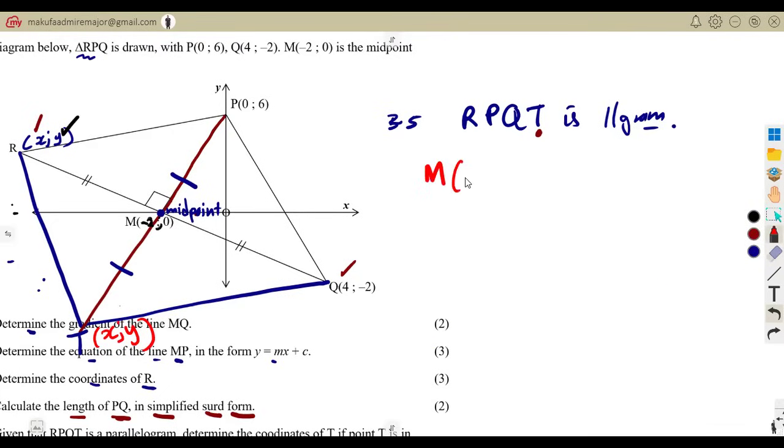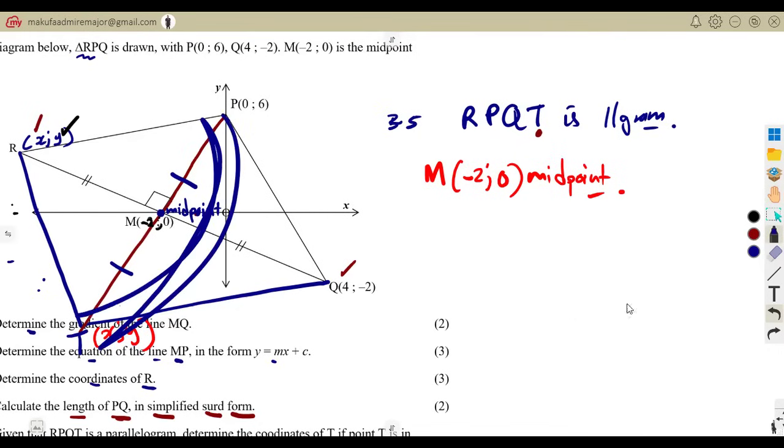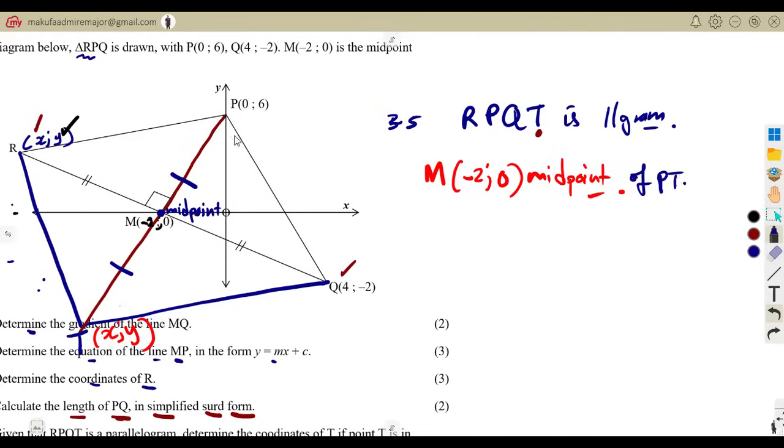M is given as -2, 0, and it is the midpoint of PT this time. So using the point P and the point T, adding the x values, that's x plus 0 over 2.